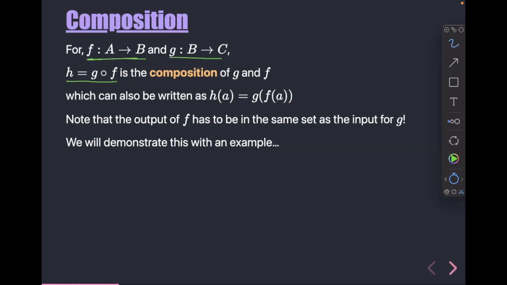From A, that's going to be in our set A. F of A, since f maps to B, is going to be in B. So what I'm inputting into G is going to be something in set B, which makes sense because B maps from G to C. So G of f of A would be my result here, and that would be something in C.